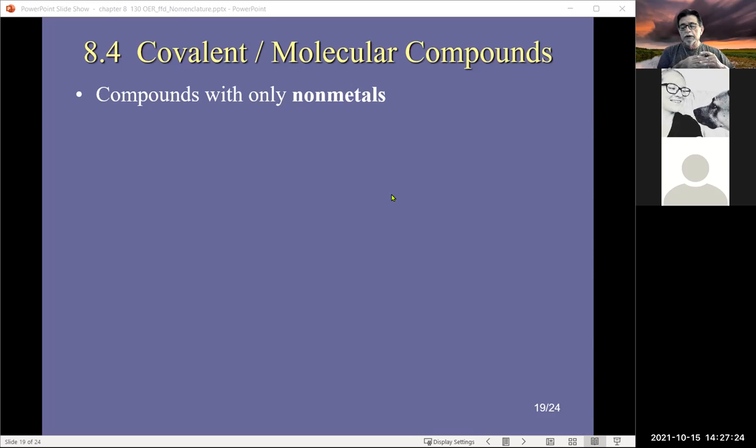In covalent compounds, there's not a full charge, only a partial charge, so we can't really talk about a charge in a covalent compound. We use the term oxidation number to encompass both the, quote, charge of ionic and whatever partial charge of covalent.